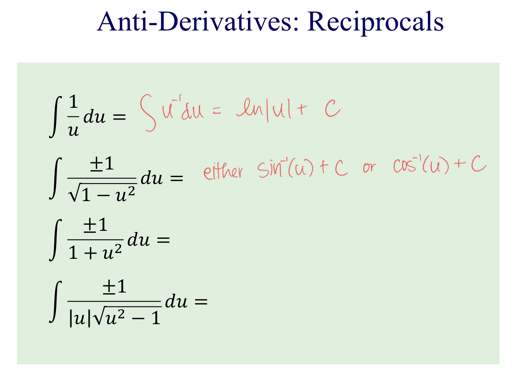What about the next one? Inverse tangent, right? So it's either tan inverse of u plus c or cotangent inverse of u plus c, depending on, again, if it's plus or minus. Which means the last one is your secant inverse or cosecant inverse.